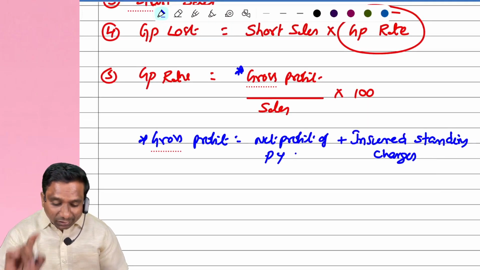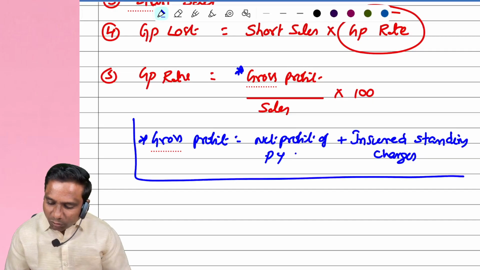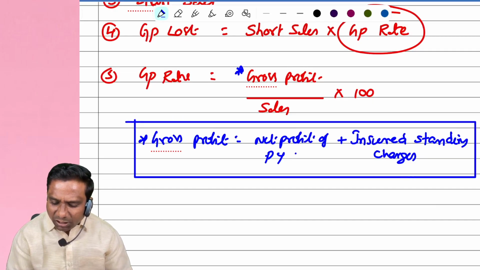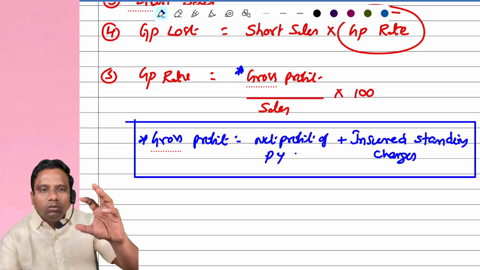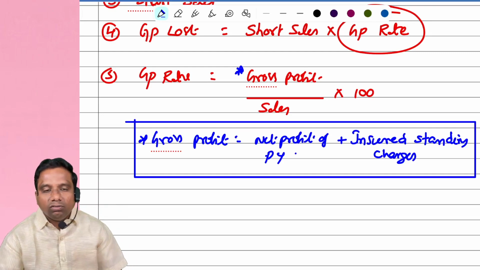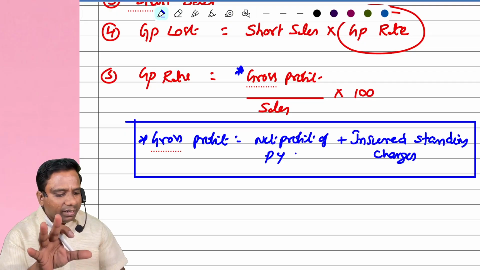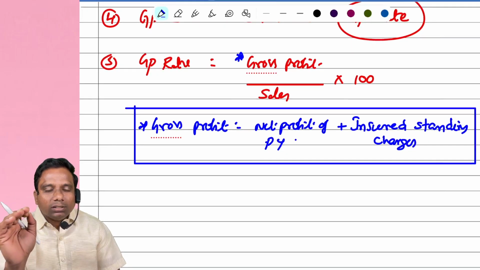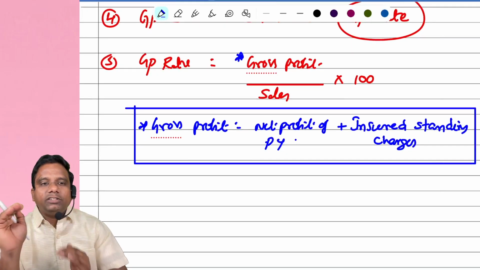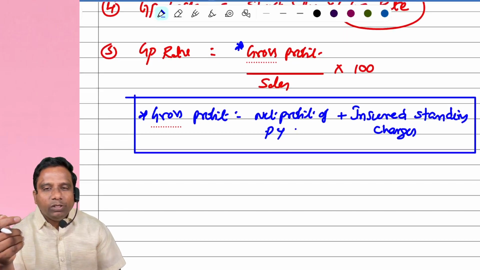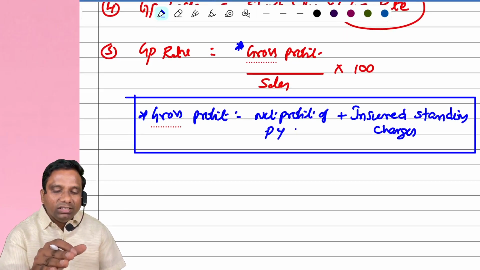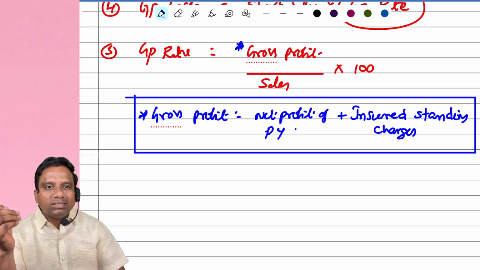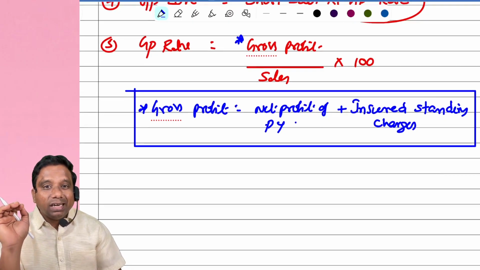So in this chapter, what is the meaning of gross profit? Normally, the difference we get in the trading account, either gross profit or gross loss, we call gross profit. But for this purpose of loss of profit calculation, gross profit means net profit of previous year plus insured standing charges.